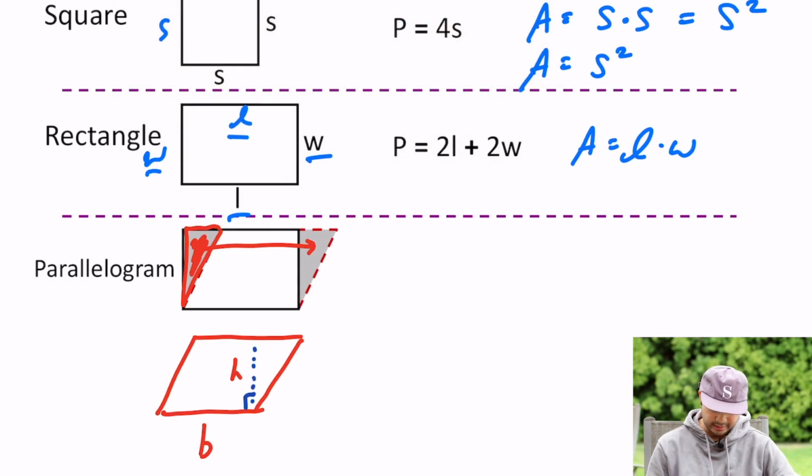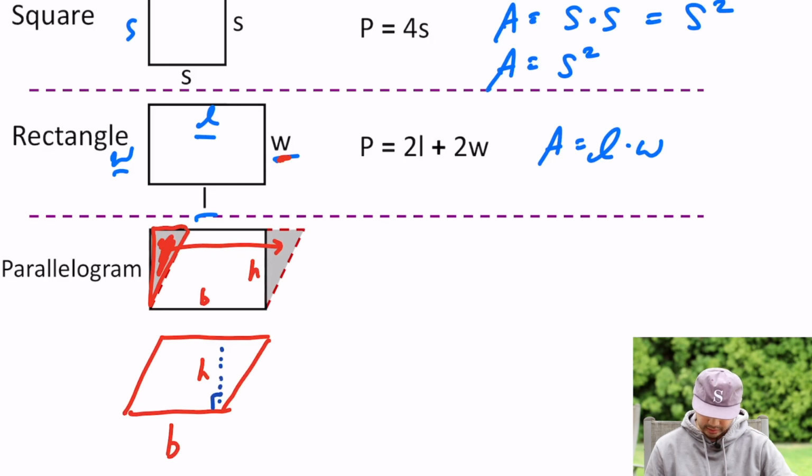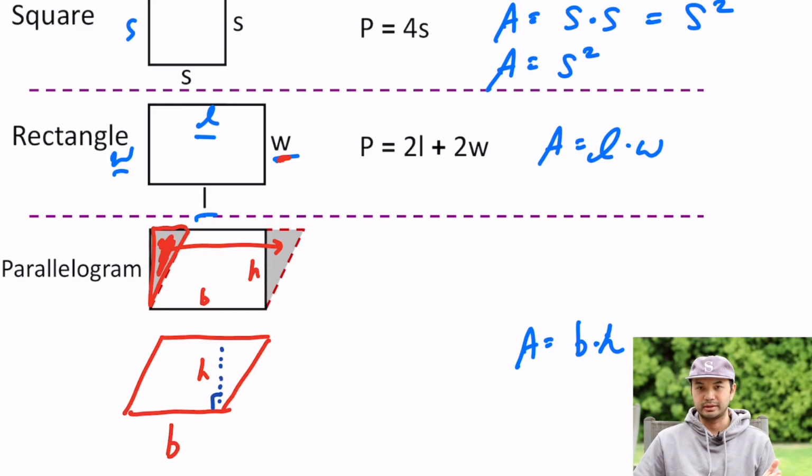And that is what the width was for this rectangle. So this is the height, this is the base, and if you multiply those two together, your area will equal base times height. That's why it's the same as length times width. You just multiply the two.